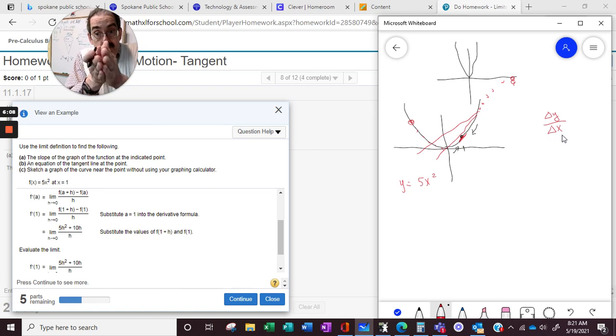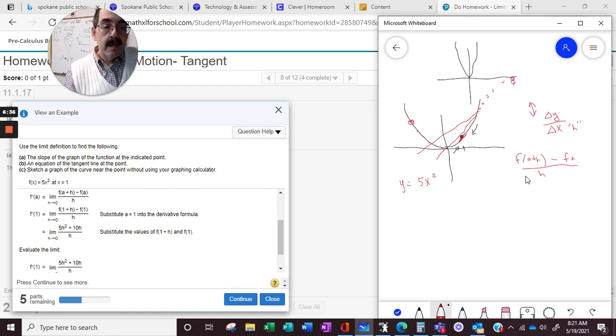The run, this piece right here, the change in x, that's our h. It's big until it gets really, really tiny. The change in y is this part. So now let's write that: f of a plus h minus f of a, all over h.